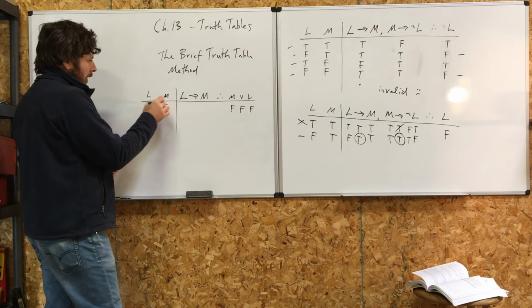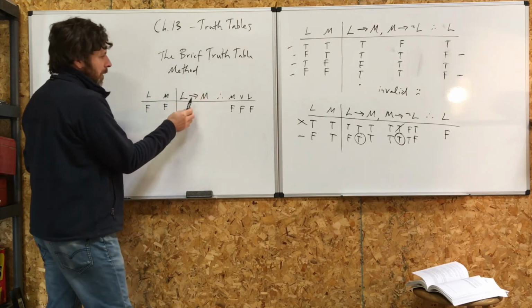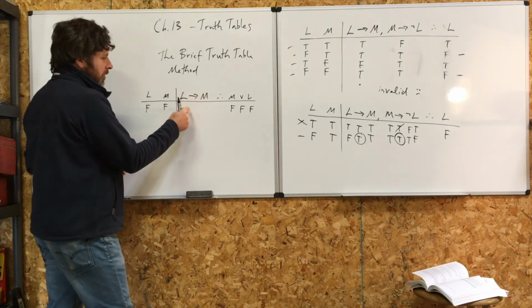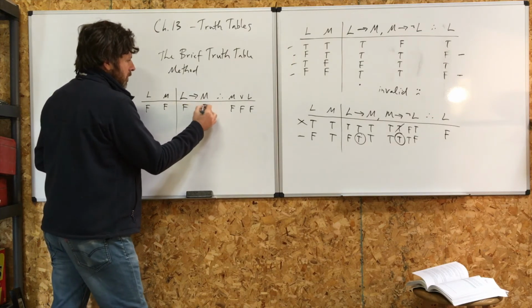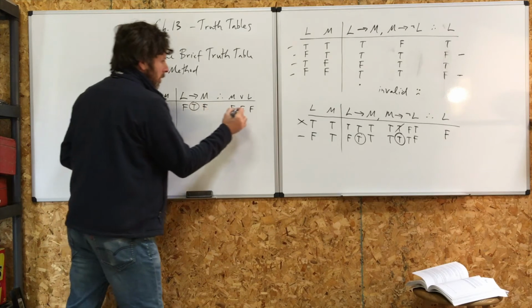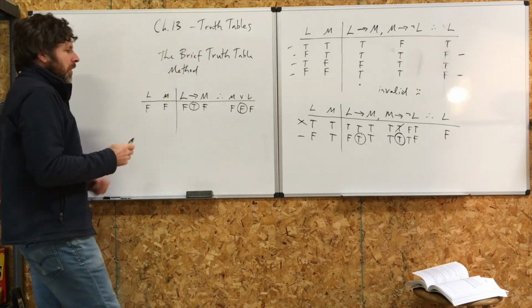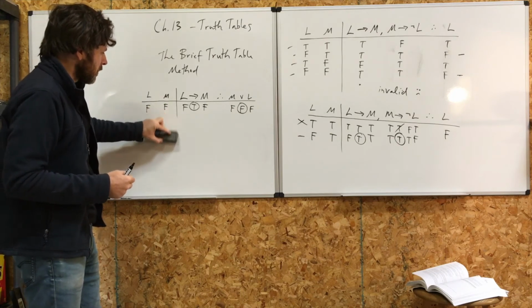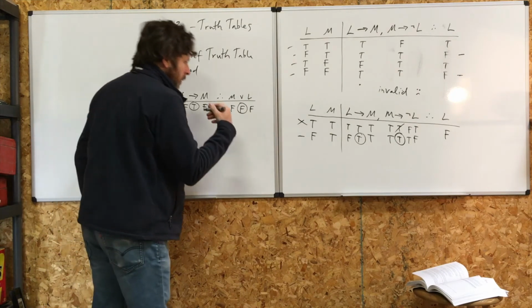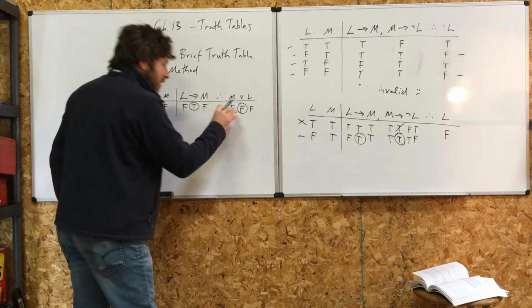Okay, L and M are false. Now let's see if this conclusion turns out to be true. Okay, false, false, that's true. What we've done is create right away a row where the premises are all true and the conclusion false. So the argument is, we have success here in a sense.